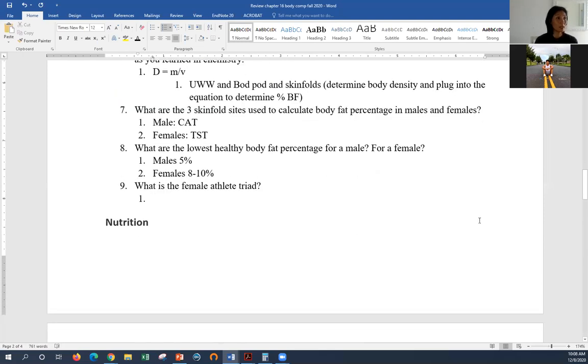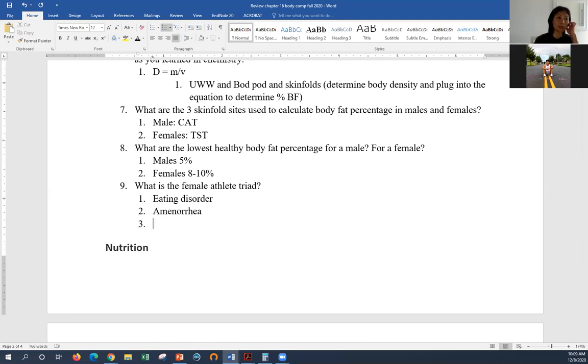Especially in females, a very low percentage of body fat is associated with the female athlete triad, and it's associated with 3 aspects, right? So an eating disorder, amenorrhea, so it could be irregular periods or the absence of a period.